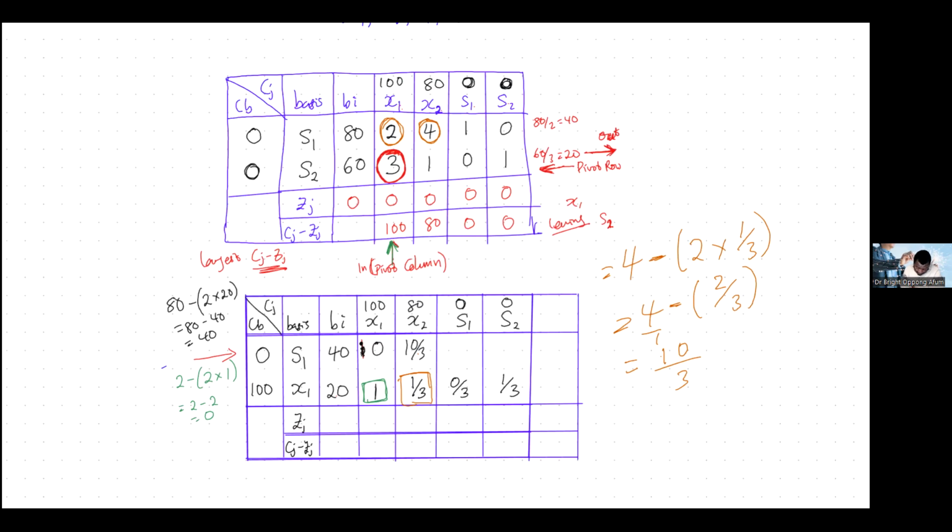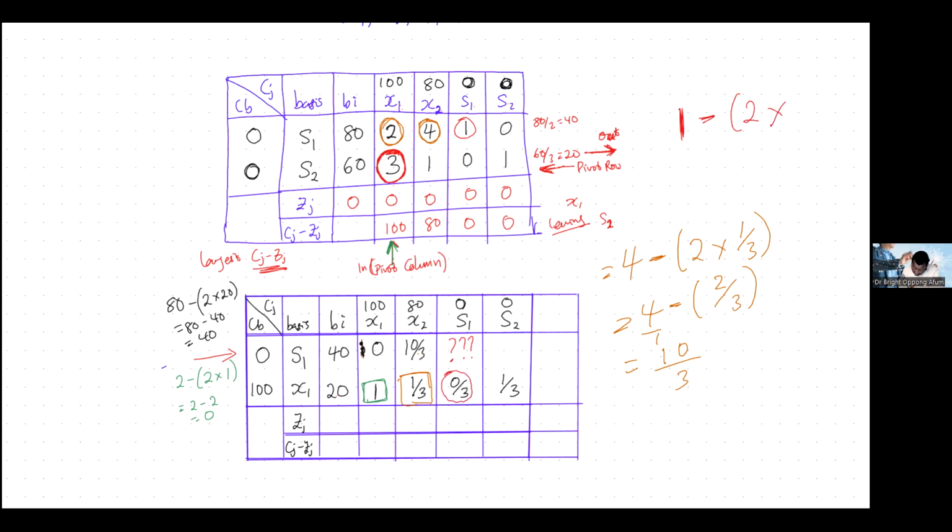Okay, what's the next value here? What value goes here? The old value is this 1 minus the same 2 times the new value. 0 on 3 is actually 0.